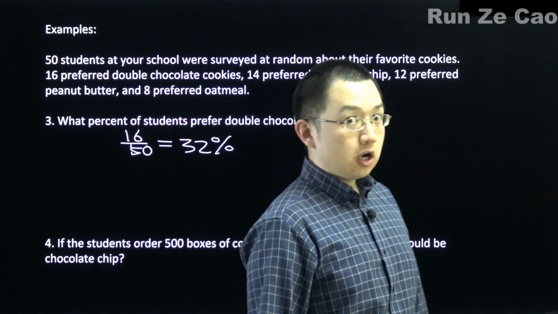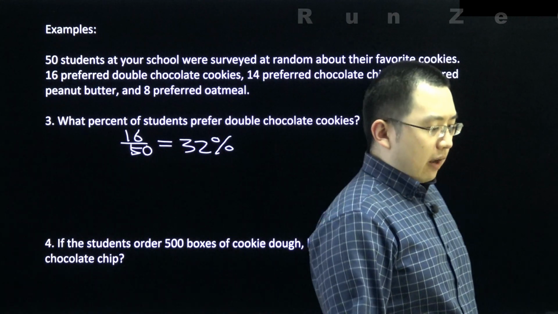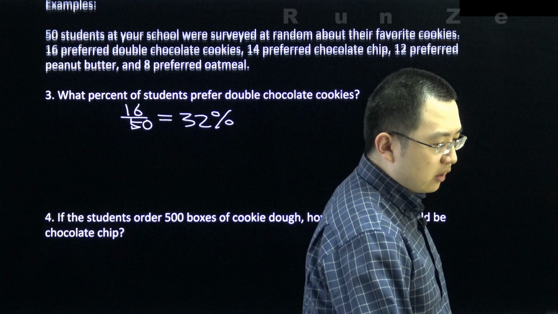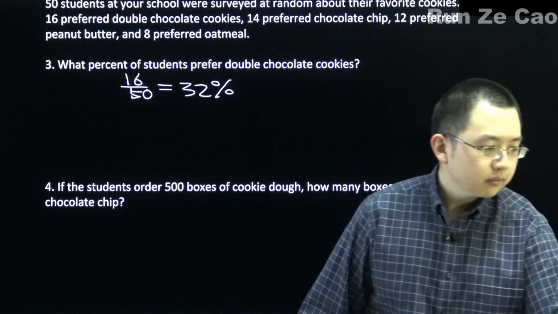And what is a percent? Oh, it means per 100. Now, if the students order 500 boxes of cookie dough, how many boxes should be chocolate chip?